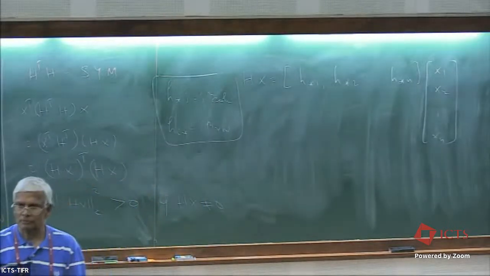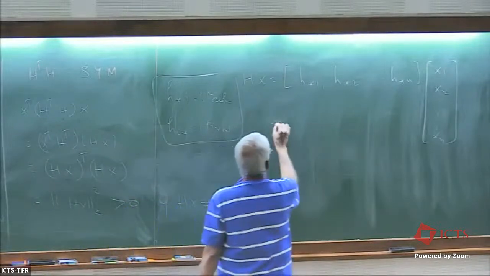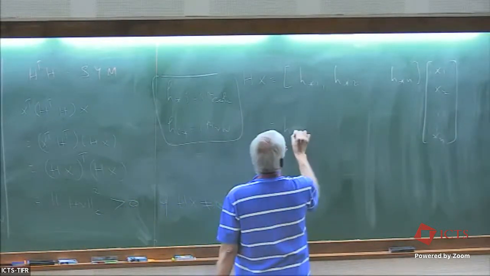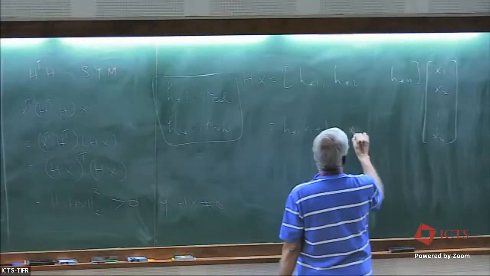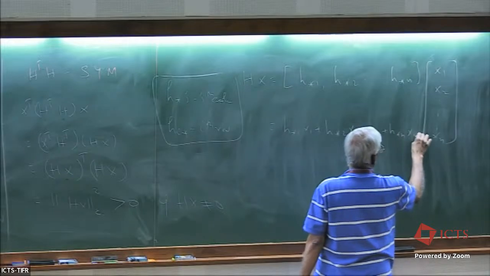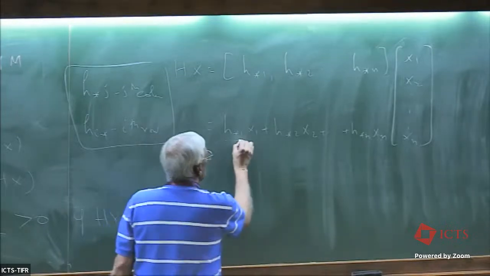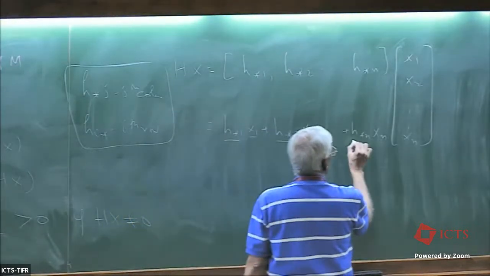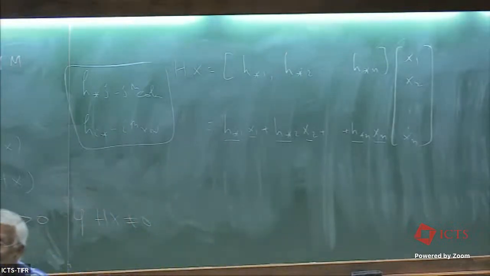That's standard notation. So this is essentially H star 1 x1 plus H star 2 x2 plus H star n xn. What is this? This is a vector times a scalar. Now do you see this is a linear combination of the columns of H?